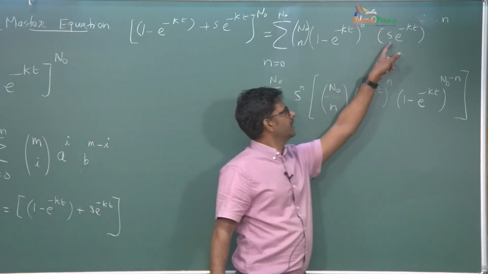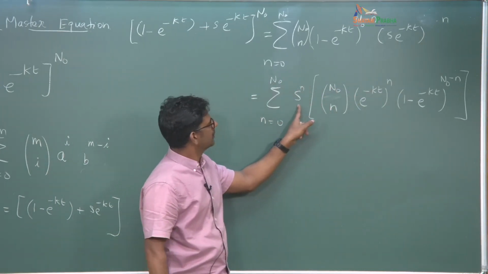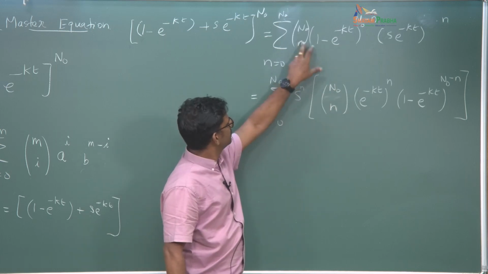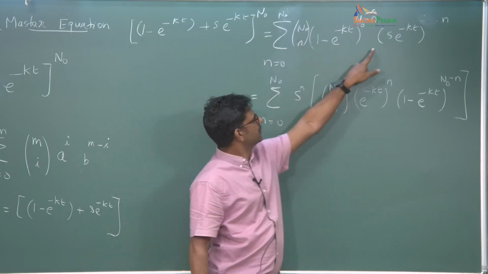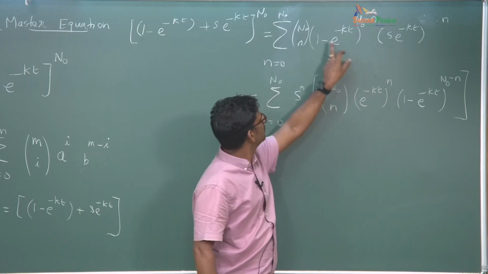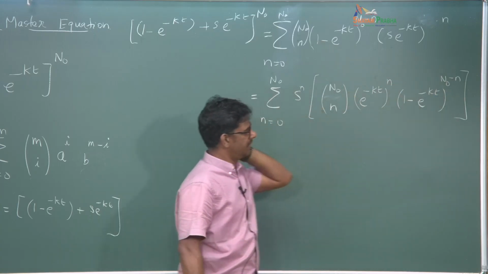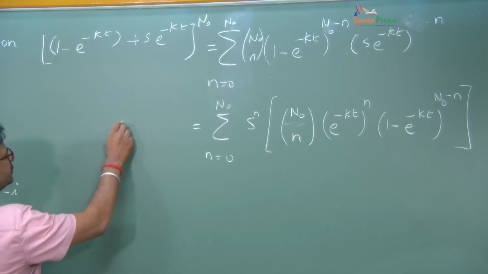So here I take s power n outside, and then the remaining terms are this prefactor e power minus kt power n and 1 minus e power minus kt power n0 minus n, and this is actually g of s comma t.